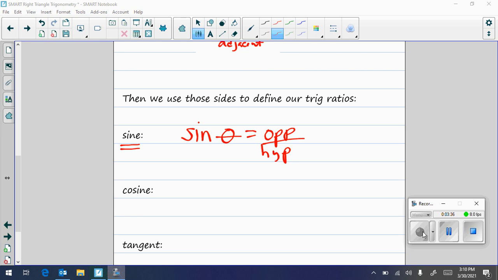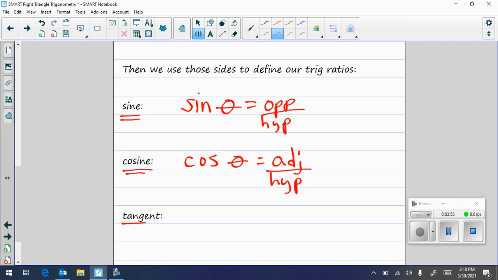And then again, the trig ratio cosine, which we're going to abbreviate to cos, but we still say cosine of theta, is going to be adjacent over hypotenuse. And the trig ratio tangent, which we are going to abbreviate to tan, but we still say tangent of theta, is opposite over adjacent.